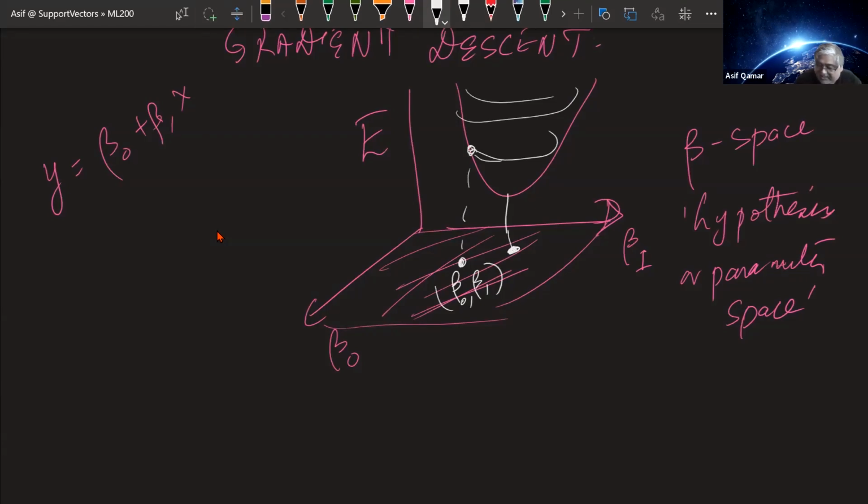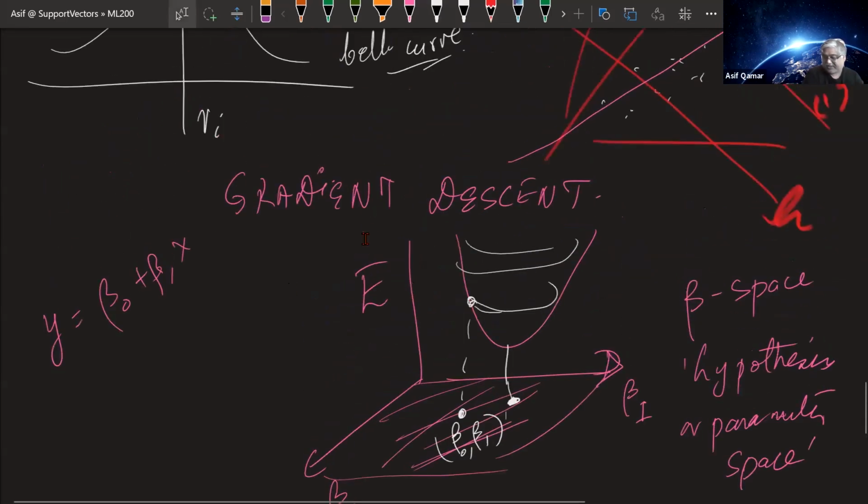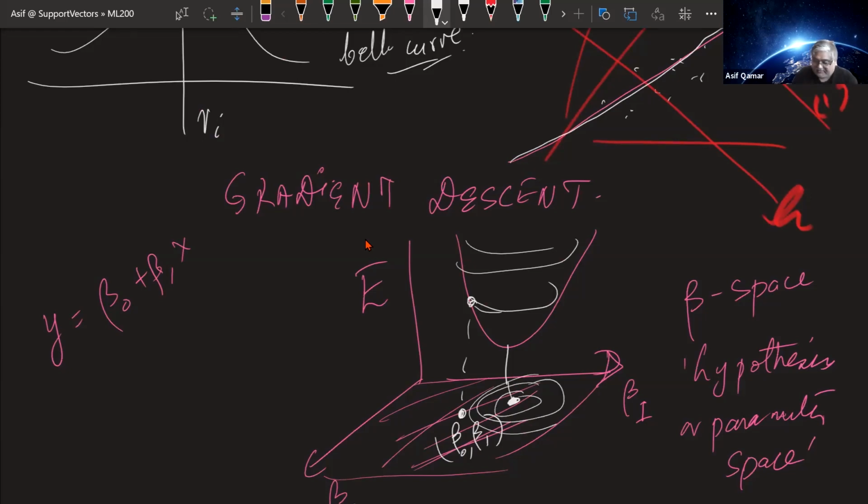This best point, a best hypothesis, corresponds to the best line here. The way to do that is to follow a process of gradient descent, which means walk down this error bowl and come to this. We won't recap that, but just remember that this is the process.